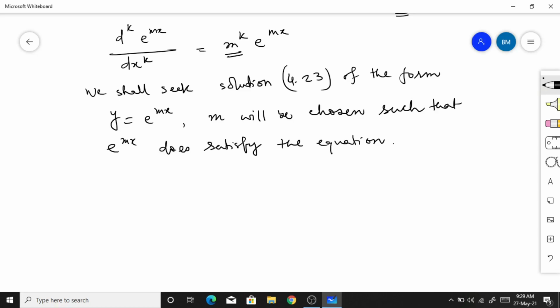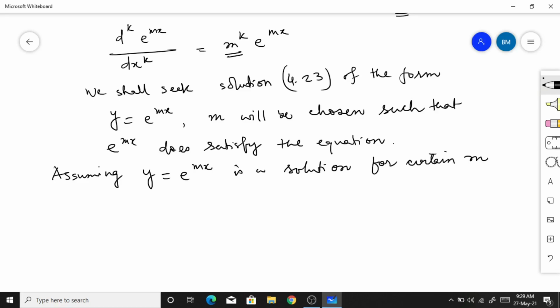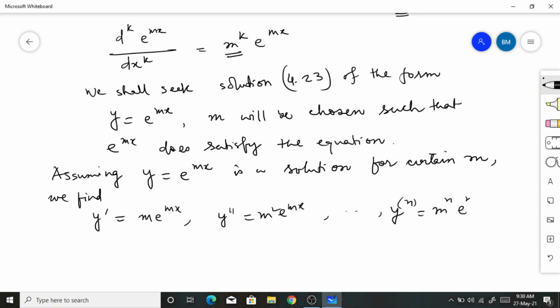So we assume that y = e^(mx) is a solution for certain m. We find the various order derivatives. The first order derivative is m e^(mx). The second order derivative is m^2 e^(mx). And the nth order derivative is m^n e^(mx).